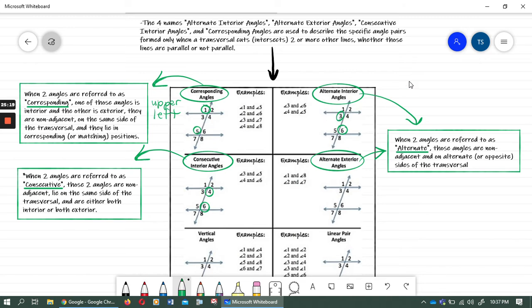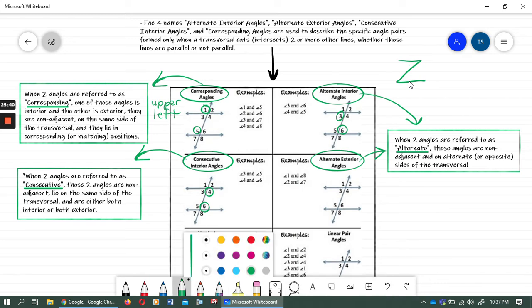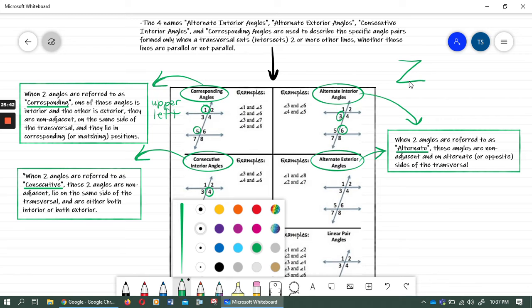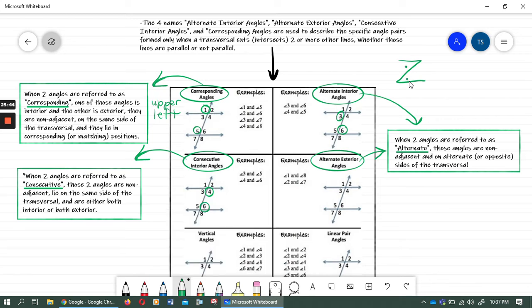Guys, one way to look at alternate interior angles is, for instance, if you make a little Z shape. I really don't want to use something that looks like a congruency mark, so let me show you using something like this here, and we gotta hurry up now.